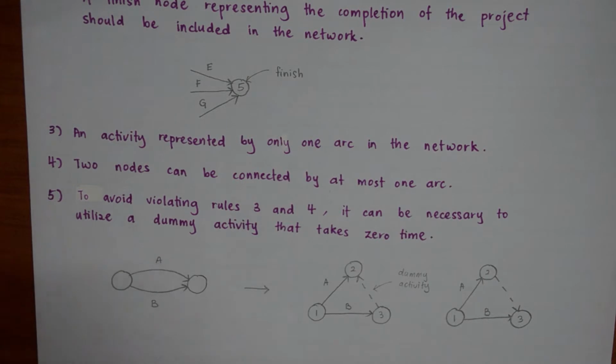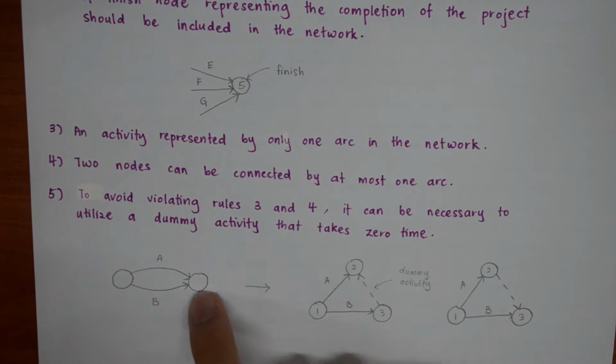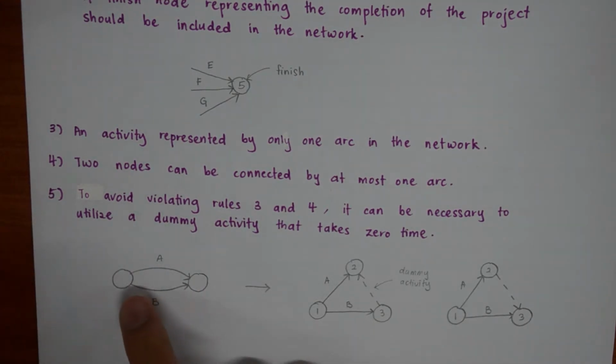So in case there are two activities that start at the same node and end at the same ending node, it is necessary for us to add a dummy activity so that it does not violate rules 3 and 4. A dummy activity will have a dotted line, as you can see from the example here.